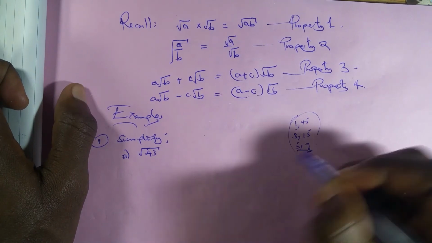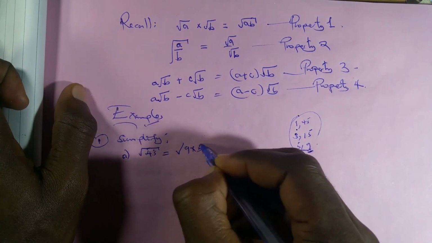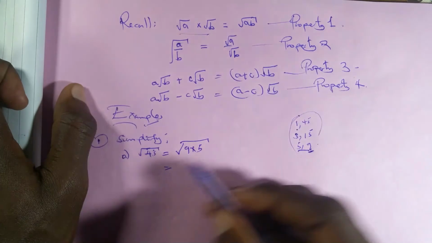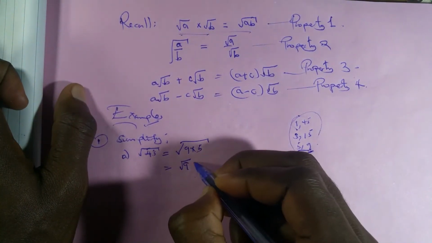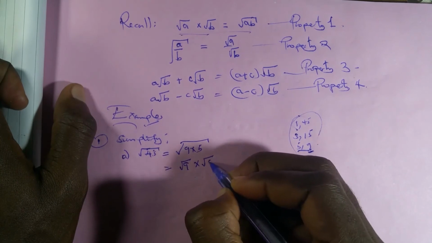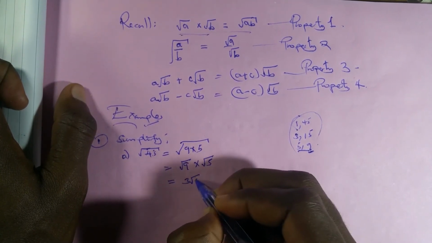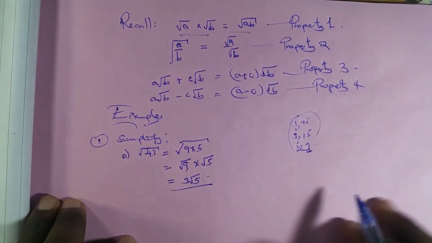So it's 9 times 5 that is the best way to express 45. Applying that first property, it is the same as root 9 times root 5. This is the same as 3 root 5, because root of 9 is 3.